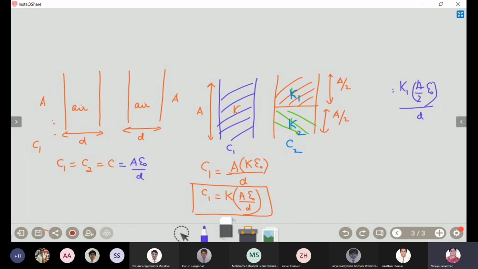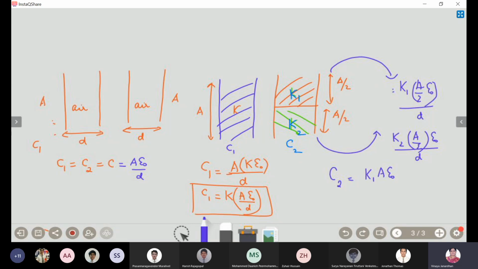So this part will have a capacitance, and this part will have a capacitance. What about this part? K2, A by 2, epsilon naught by D. So then what is C2? C2 will be a combination of these two: K1 A epsilon naught by 2D plus K2 A epsilon naught by 2D.